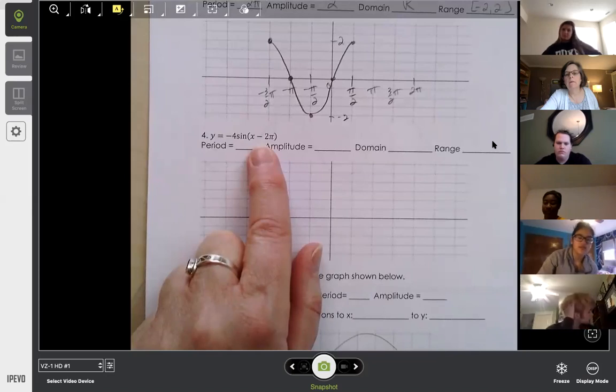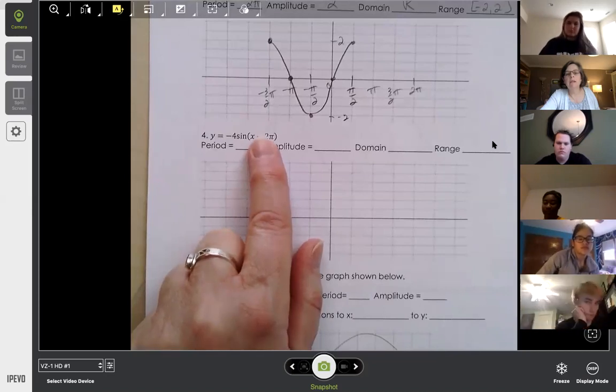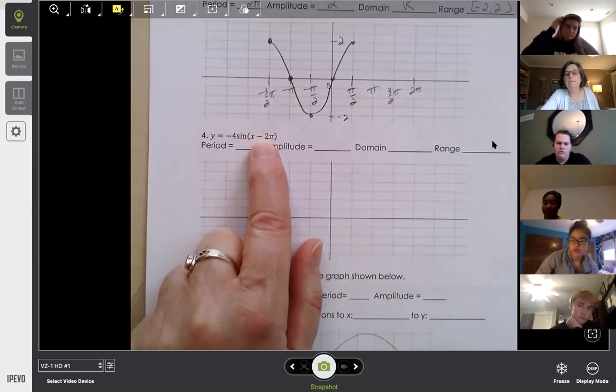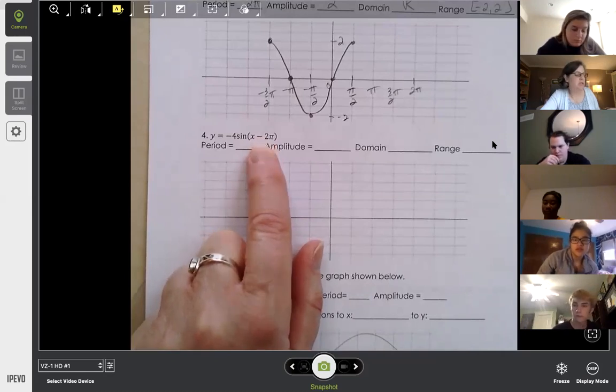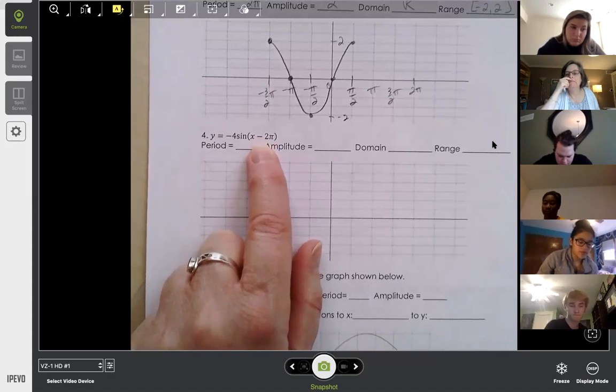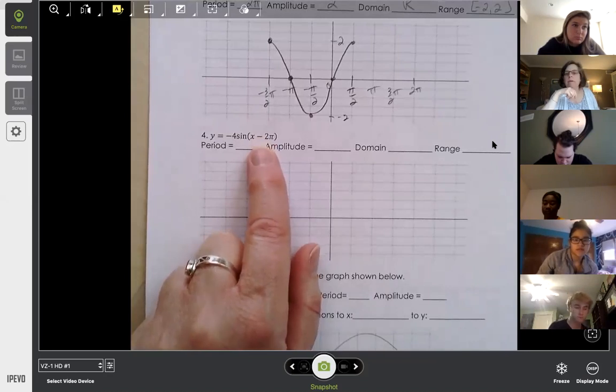I don't know. Okay, is it moving it left or right? Oh, it would move right. Move right. By how much? By 2 pi. By 2 pi, okay.